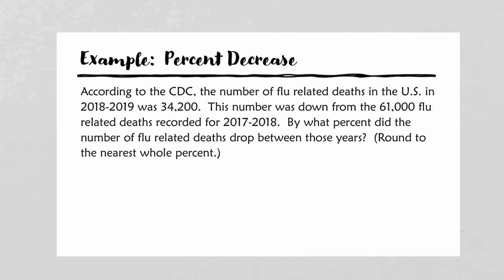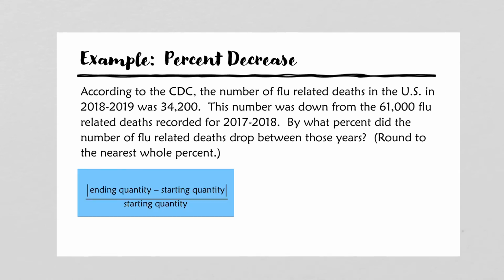According to the CDC, the number of flu-related deaths in the U.S. in 2018 to 2019 was 34,200. This number was down from the 61,000 flu-related deaths recorded for 2017 to 2018. By what percent did the number of flu-related deaths drop between those years? Again, we can use that same formula for percent change, namely the absolute value of the ending quantity minus the starting quantity, divided by the starting quantity.